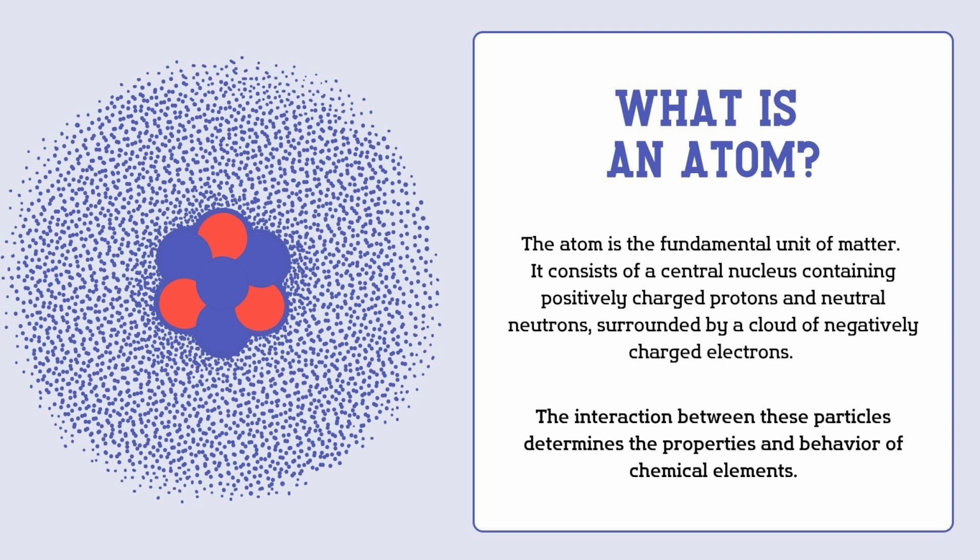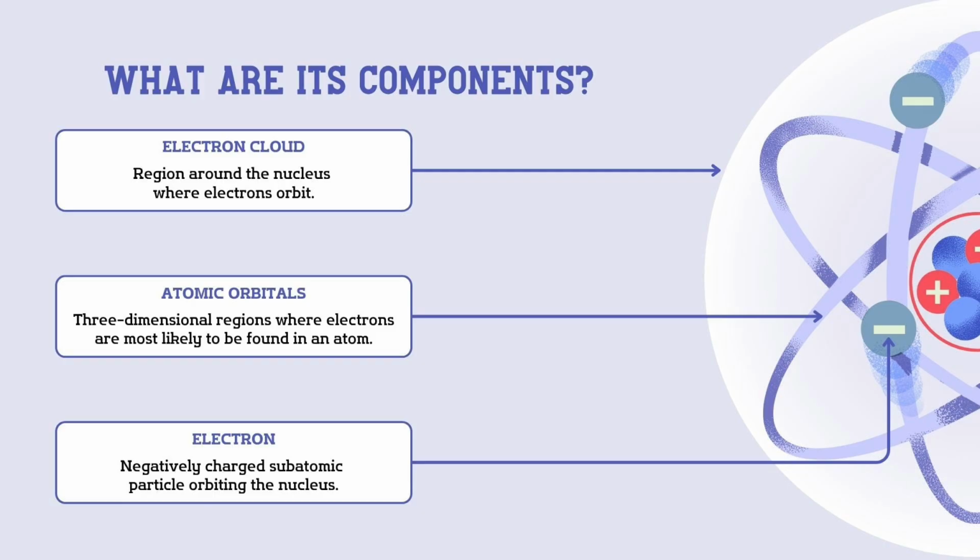The arrangement and numbers of these particles determine the unique characteristics of each element. Now that we've established the basic concept of the atom, let's examine its key components in more detail. As you can see in the PPT, the atom isn't just a solid mass, it has a complex internal structure.